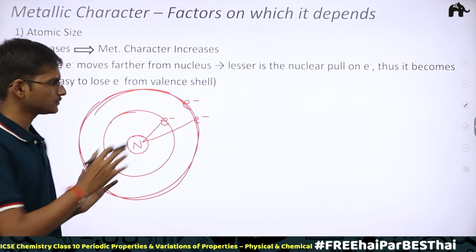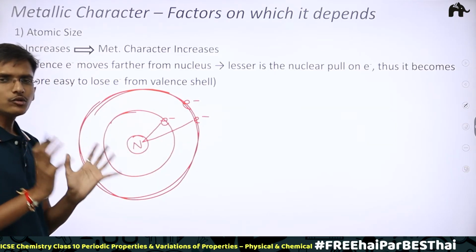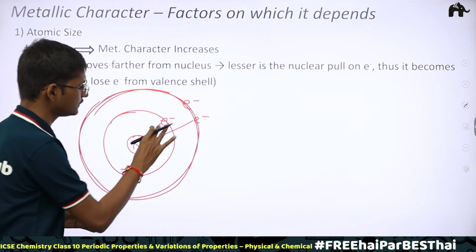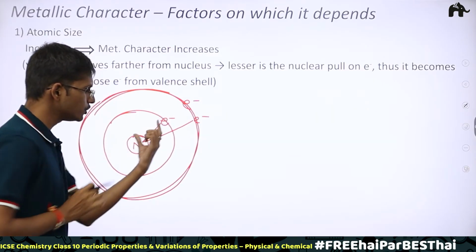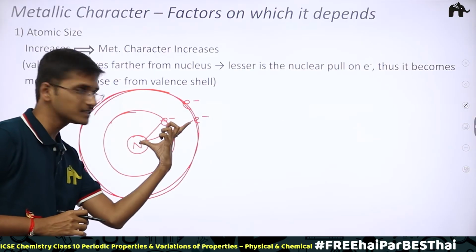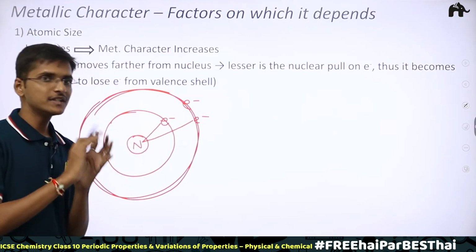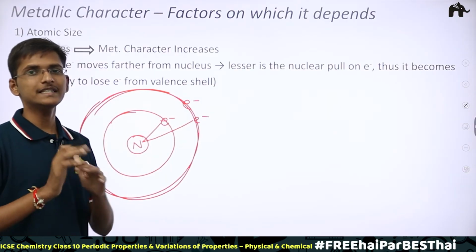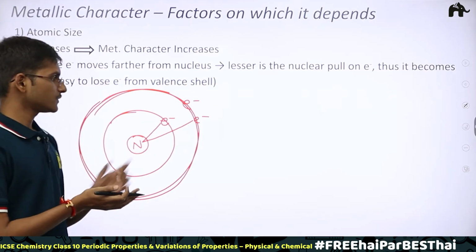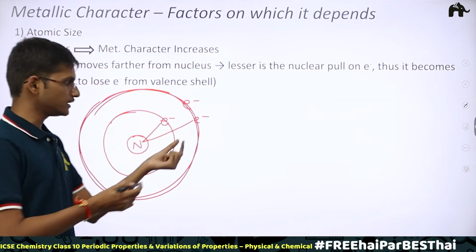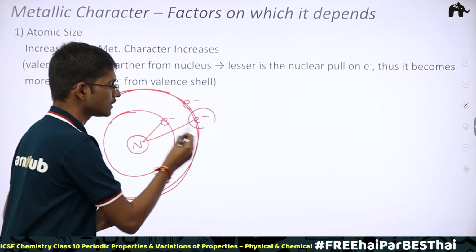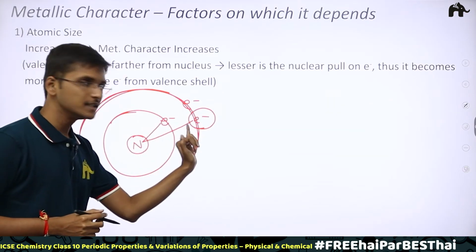Now try to think logically. If the nucleus is pulling this electron more strongly than this electron, which electron do you think would be easy to lose? This one or this one? Yes, you are right. It is comparatively easy to lose this electron.